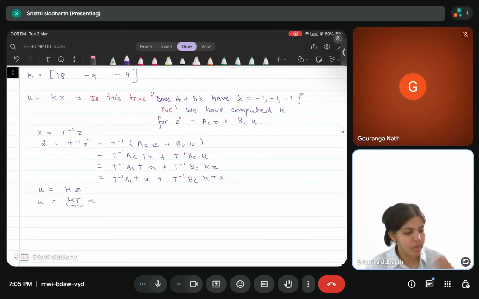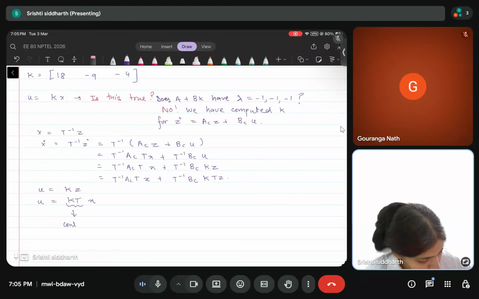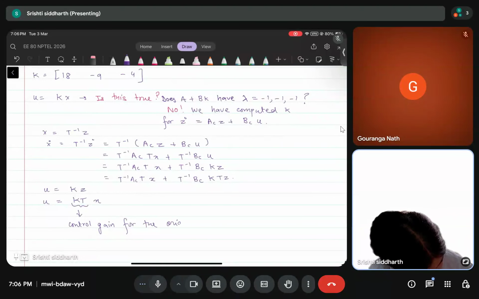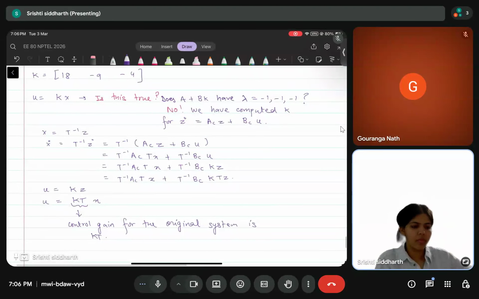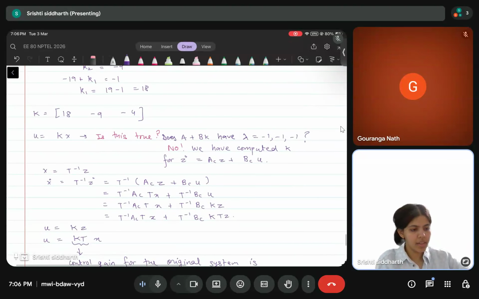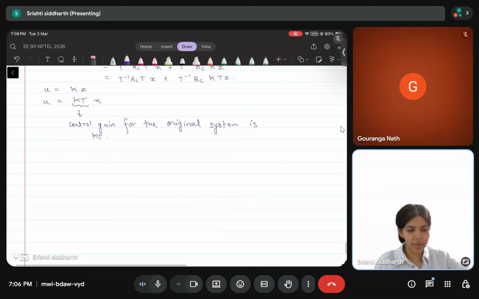So the control gain for x dot equals Ax plus Bu, the control gain for the original system, is k times T. Let's stop here and say that the CCF form of the system should have this k, and if we want to apply it to the original system, we should multiply by T.